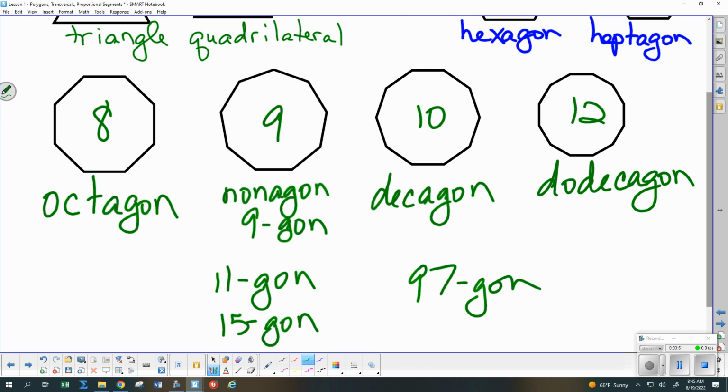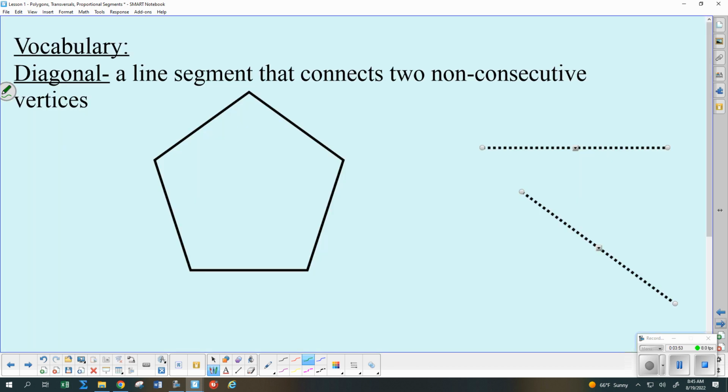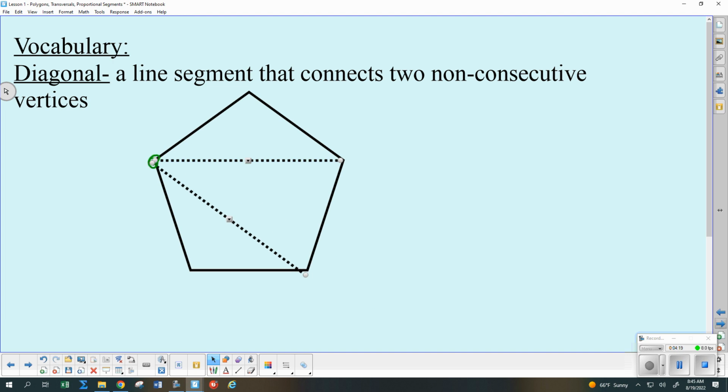Okay. We also talk about diagonals for polygons. Diagonals have to go from one vertex to any vertex that is not consecutive. In other words, not right next to it. So I can go from that vertex straight across to the other side. That's a diagonal. I can go from that vertex straight across there.